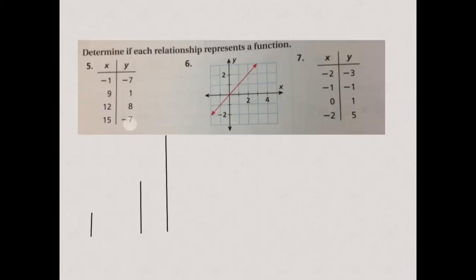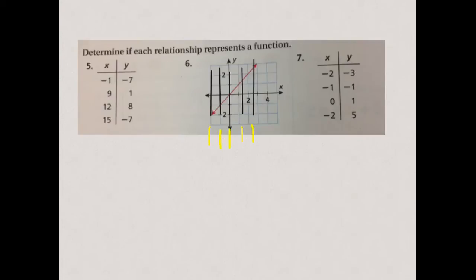Now, to use a vertical line test, let's look at number 6. If I draw vertical lines here, now I'm going to try to line them up with the blue lines in the background in the grid. You'll notice that it only intersects the line that's graphed one time. Now, when I say only one time, I mean each of these lines is individual.